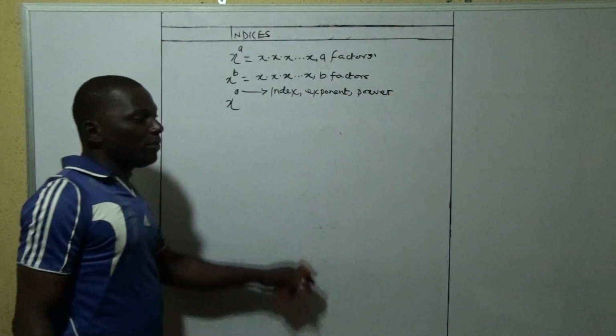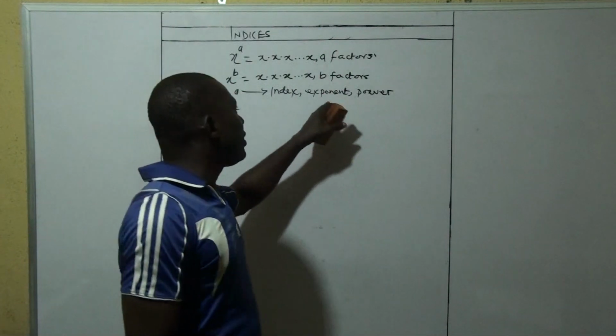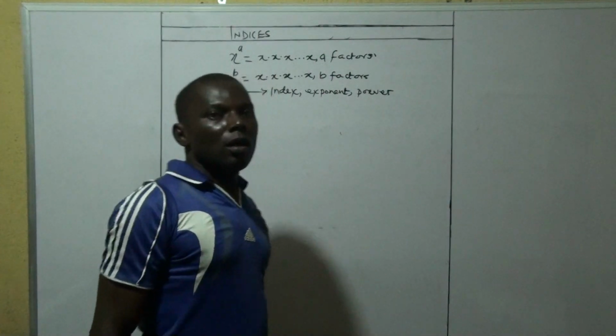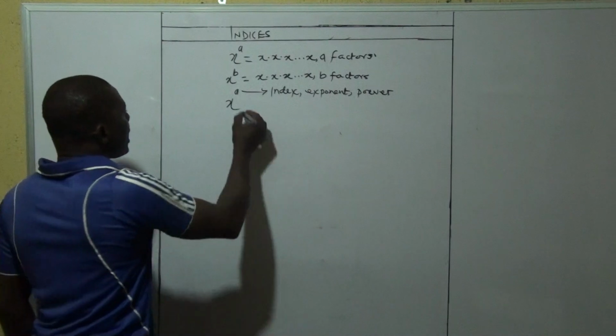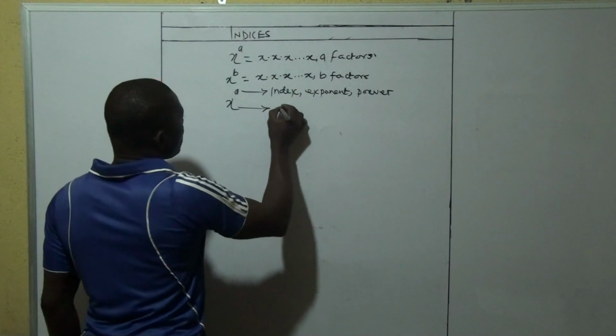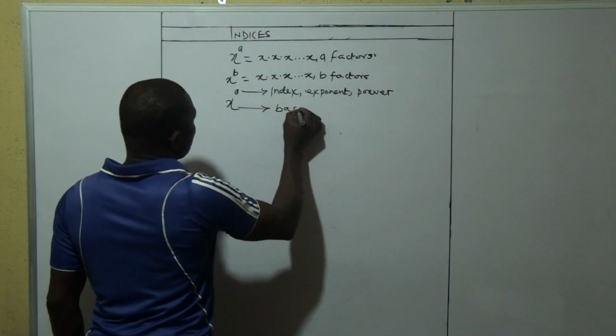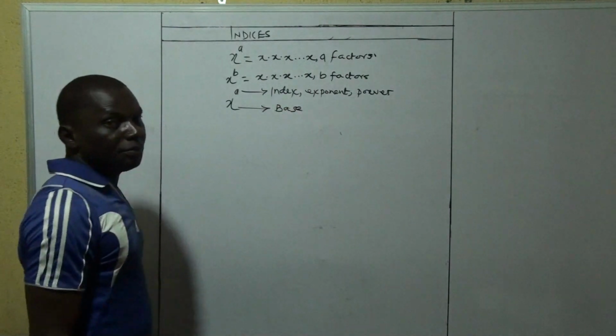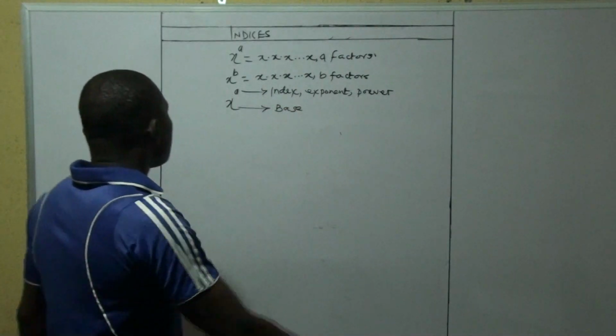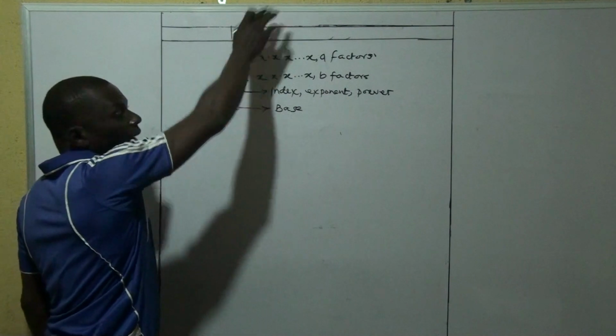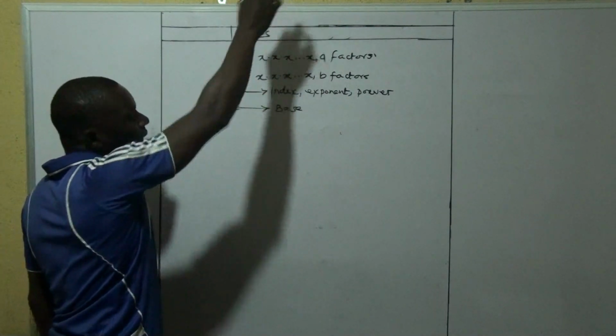So those are the terms. If it is one, it is index, exponent, or power. Then the x here, we refer to it as the base.